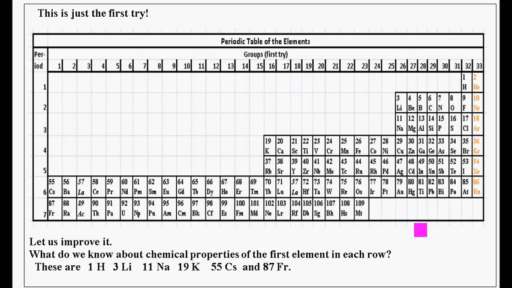This is a respectable first result, but we can do better. Let us now look at the chemical properties of the first element in each row.